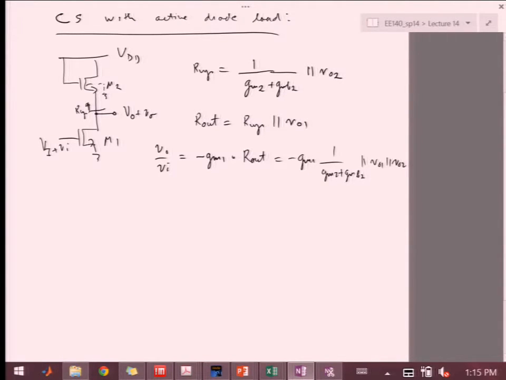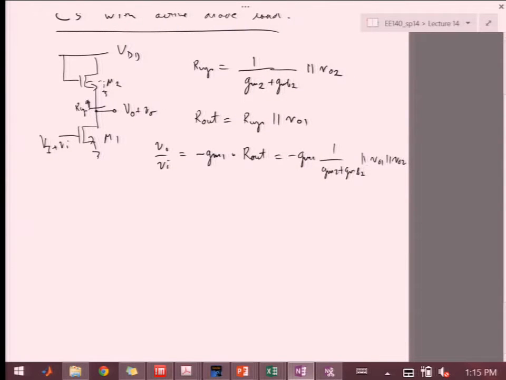So now we can say this 1 over GM2 plus GMB2 is definitely much smaller than the two ROs. So this is approximately minus GM1 over GM2 plus GMB2.